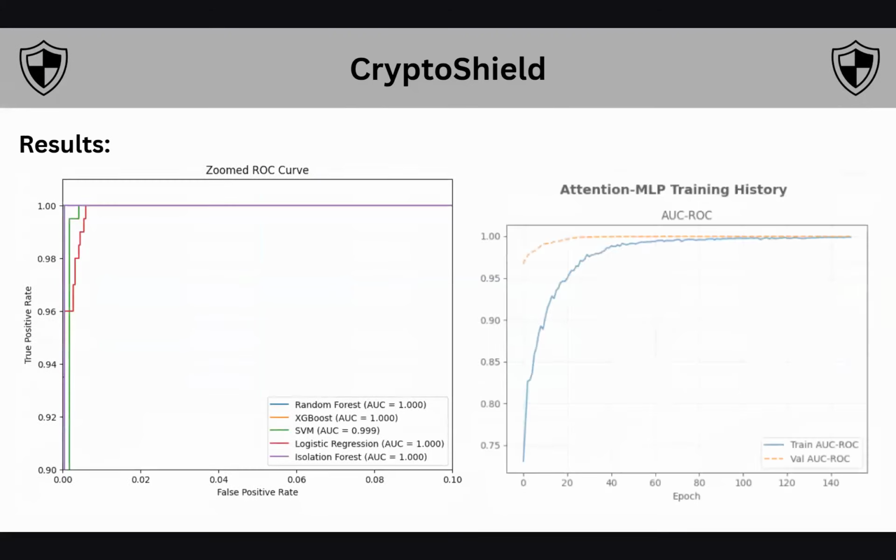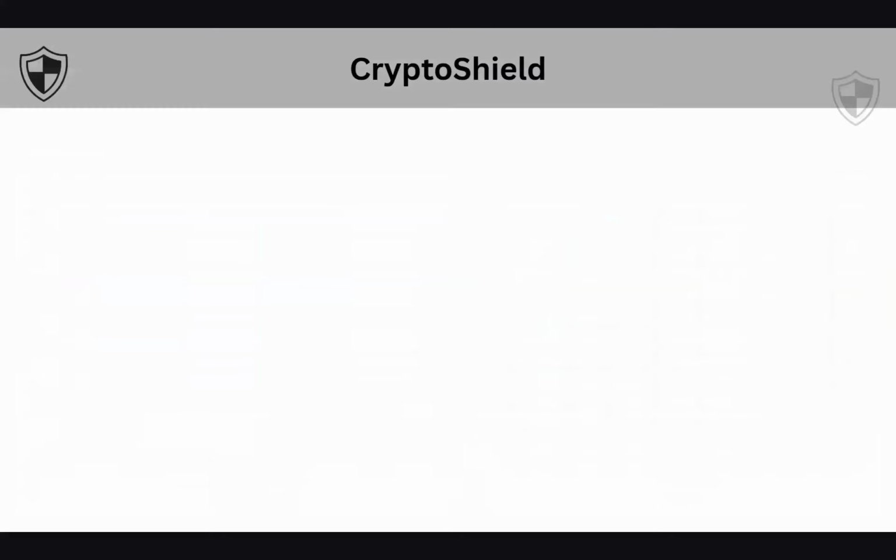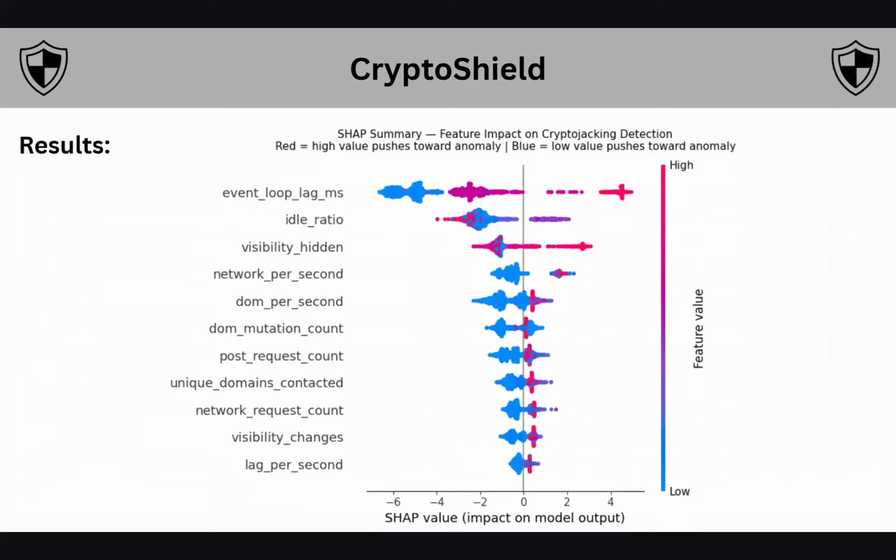So this is the zoomed ROC curve and the attention MLP training curve. And these are the different metrics that we used while training our model. Event loop: how many events were running in the background. The idle ratio: for how many seconds or minutes a browser or a tab is idle.